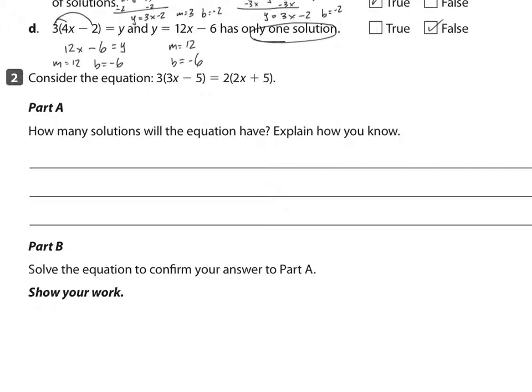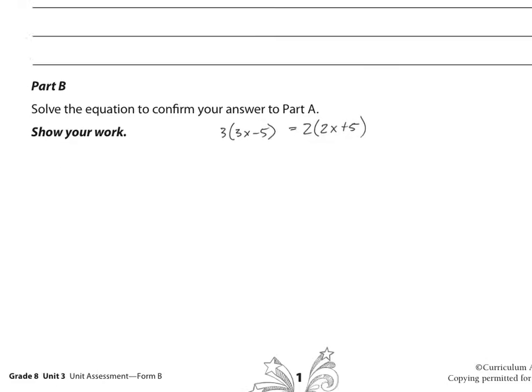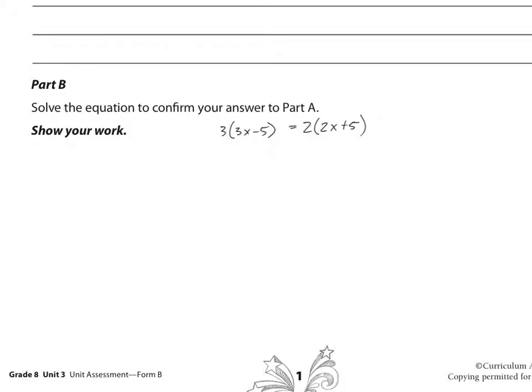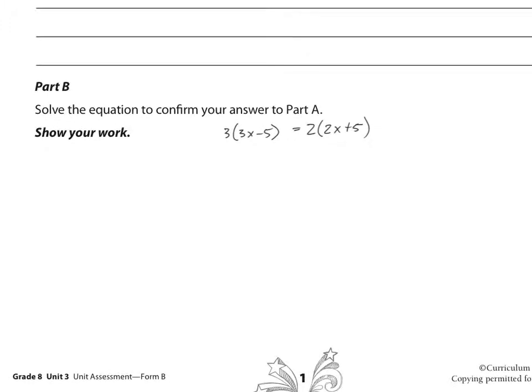So the only thing that we're going to do is rewrite the equation. So we have 3 times 3x minus 5 is equal to 2 times 2x plus 5. You're going to distribute, and when you distribute on the left side you get 9x minus 15, and on the right side you get 4x plus 10.